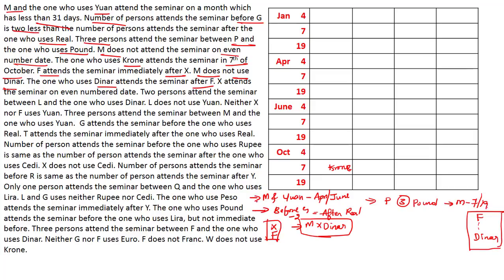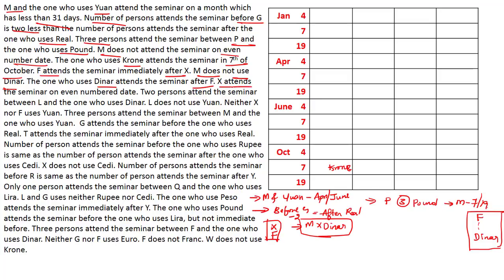I repeat, the one who uses dinar attends the seminar after F. It is nowhere mentioned that it is immediately after F. It cannot be immediately after F. It can be immediately after F. So there are 2 possibilities. So again, we need to put this based on the possibilities or the situation which we get out here.